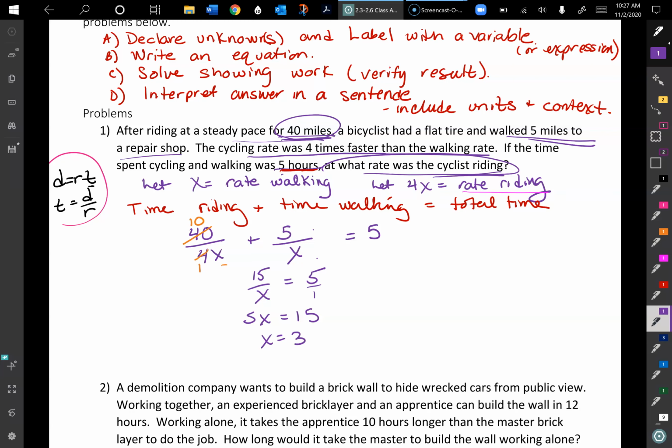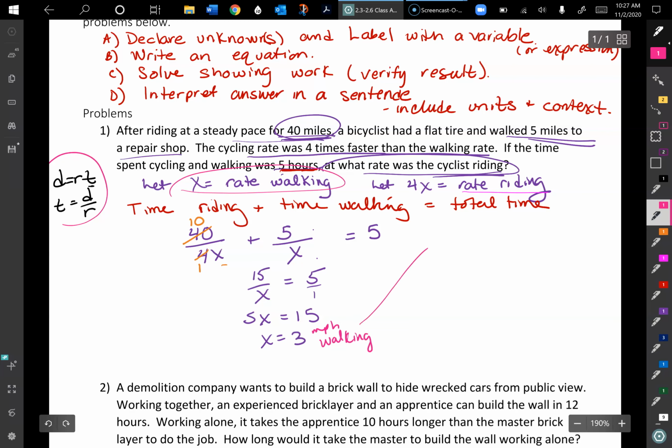So if we have x equals 3, are we done? What is x represented by? That's the rate walking. So this is walking. It's like miles per hour, right? So we have to go back up to here and fill this in.